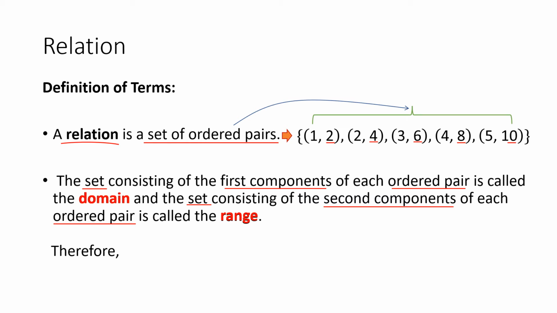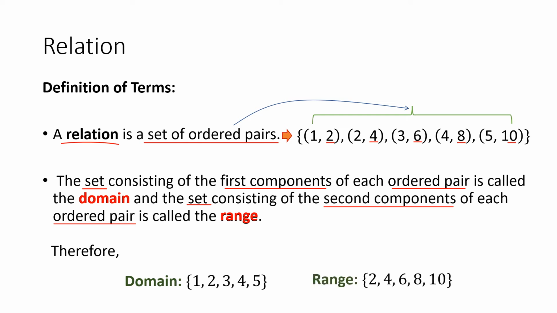So therefore, if we are asked, what is the domain of this relation? The domain is the set of 1, 2, 3, 4, and 5, which is the set consisting of the first components of the given ordered pairs, while the range is the set of 2, 4, 6, 8, and 10, or the set consisting of the second components of each ordered pair.